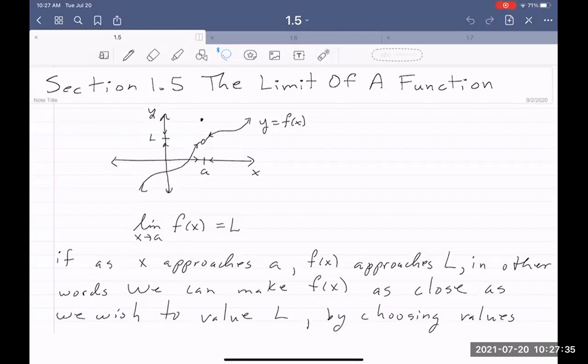And suppose that I want to determine the limit as x approaches a of f of x.